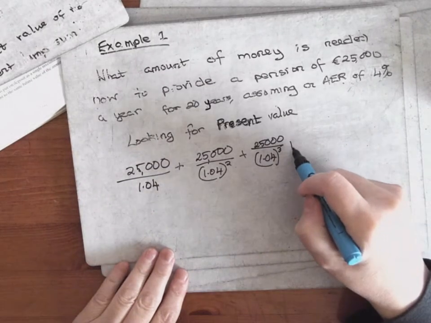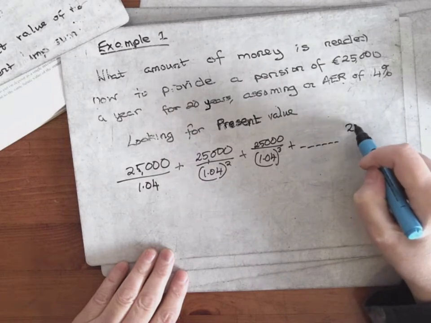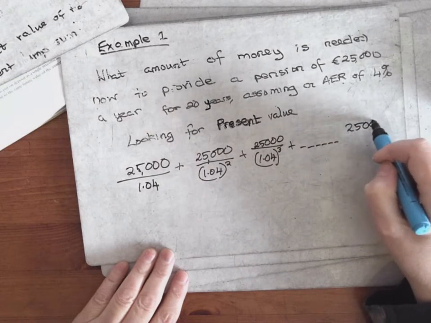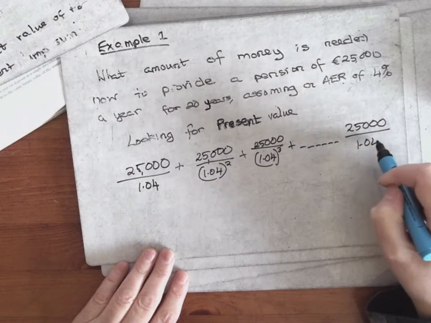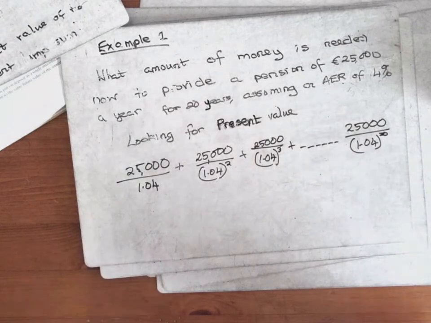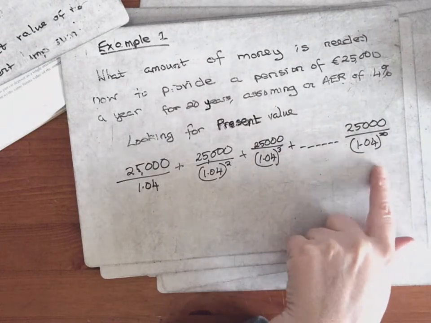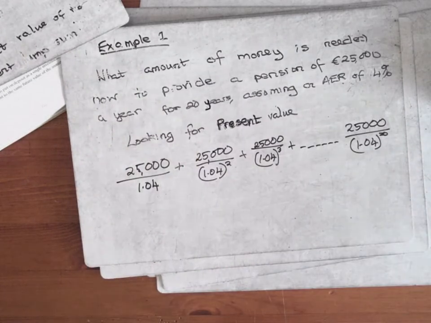And so on, all the way up to 20 years. The very last payment of 25,000 is going to have 20 years of interest on it. So I don't need to save all the 25,000. I can take off the 4% per year for 20 years to see how much that is.